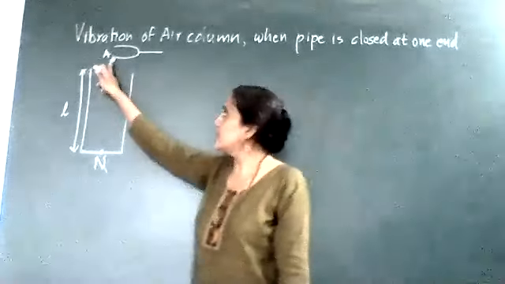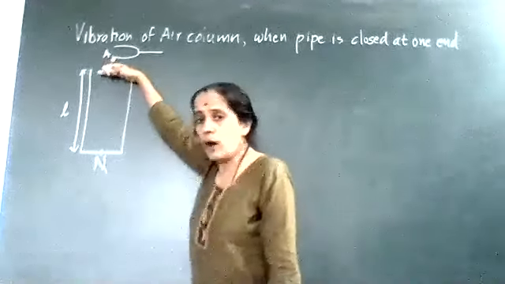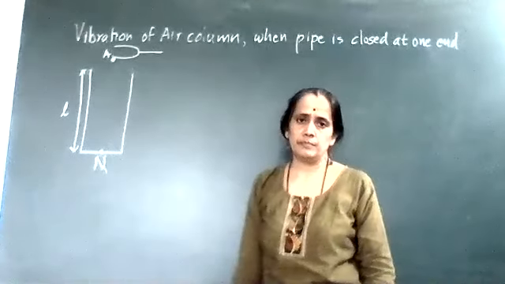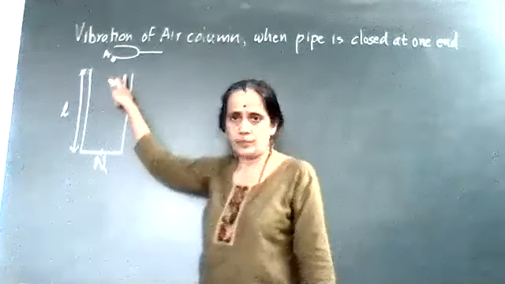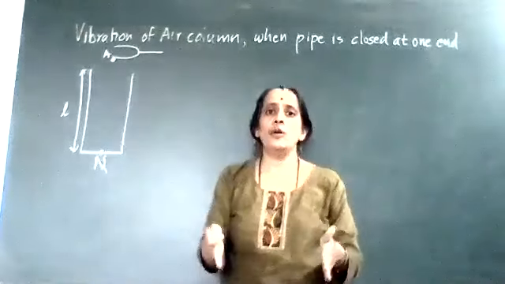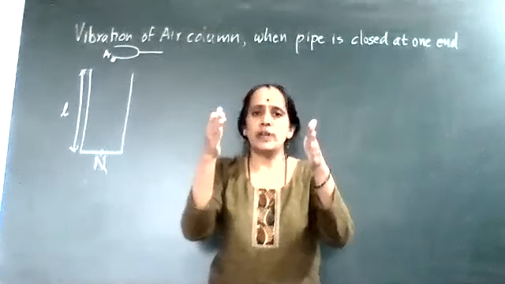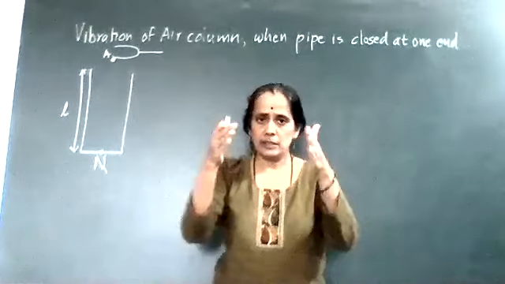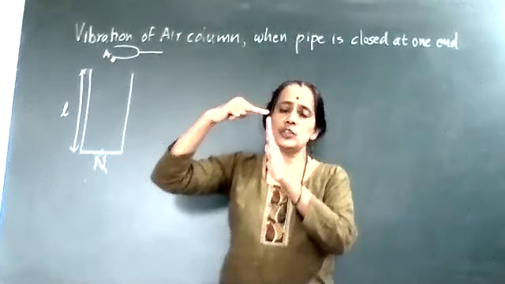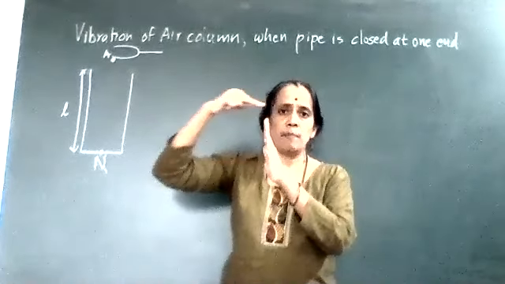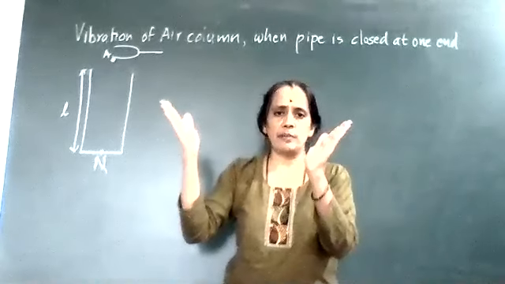So now this antinode will be formed slightly above the open end of the pipe. Now why is it so? Because up to the boundary of the open end of the pipe, air particles are in a bounded medium. But just above the open end, the air particles remain present, but they are in an unbounded medium.